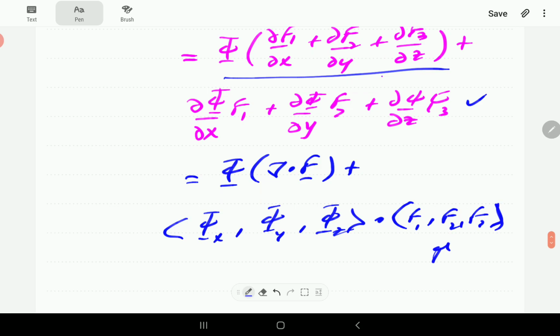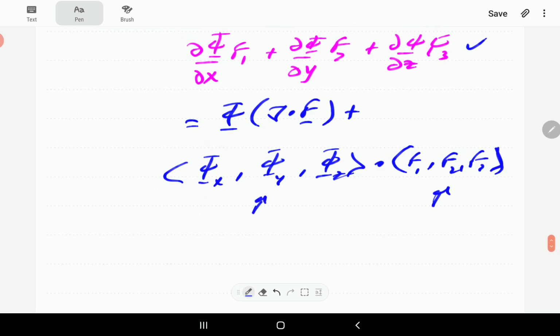So this is just f, and this one is grad phi. So that means we are going to have phi times the divergence of f plus grad phi dot f.